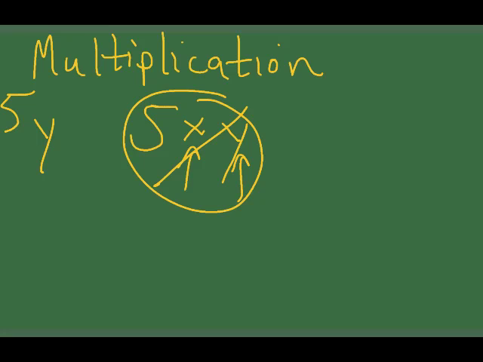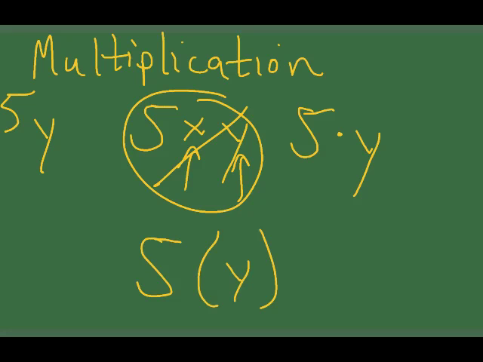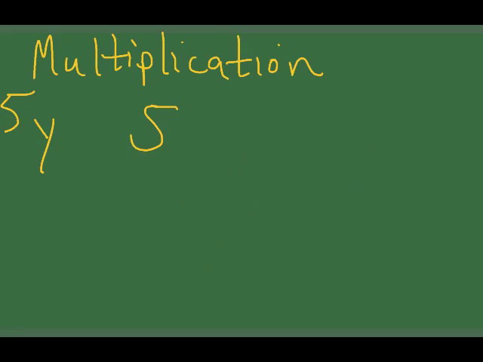So cross that out. One good option is where you smush them together. Another good option is you can also add the parentheses in there, 5 times y. Anyway, those are all good options. I'm going to leave it as 5y right now.